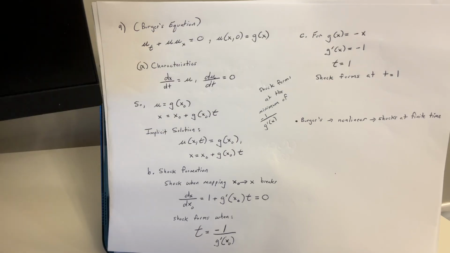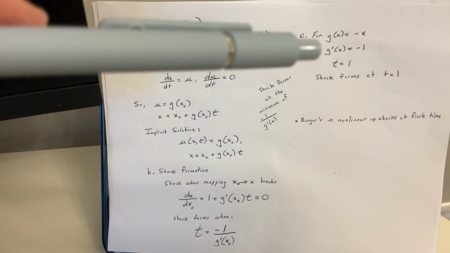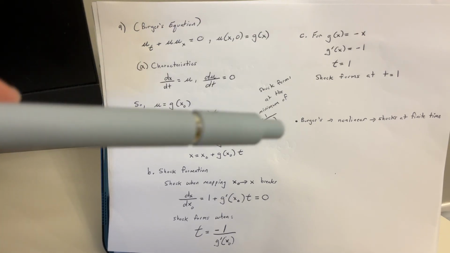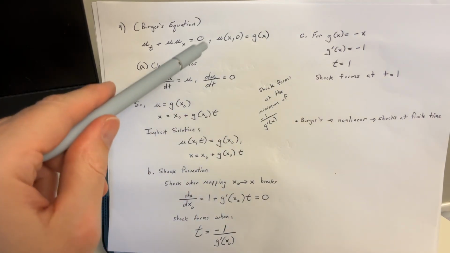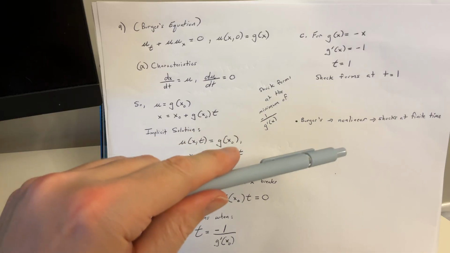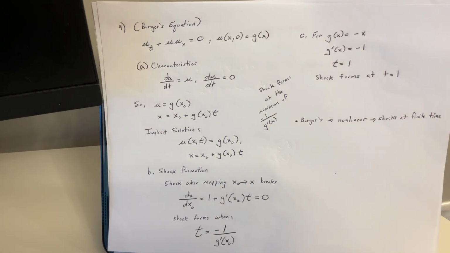That's in relation to what we know here. t equals 1 is where the shock forms. We're dealing with something nonlinear, and it shocks at a finite time. Okay, so that takes care of that.